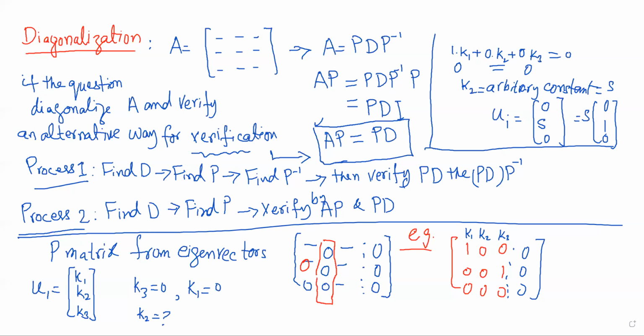Yes. Okay, then let's do some more examples of this. Suppose we have a 5 by 5 matrix. We don't know what the matrix is, but we know that for a 5 by 5 matrix there will be 5 eigenvalues.